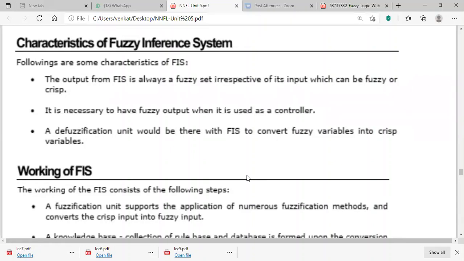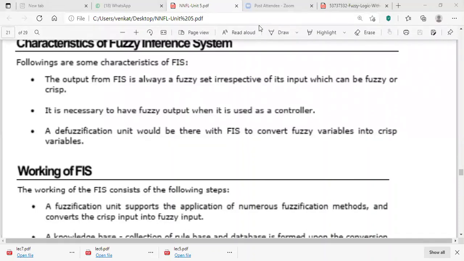So always the output of fuzzy inference system should be a fuzzy set, whatever may be the input to your FIS, the output should be fuzzy. The input can be crisp also.